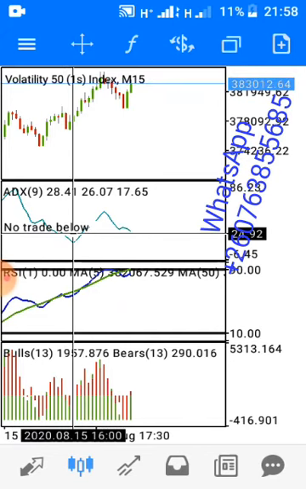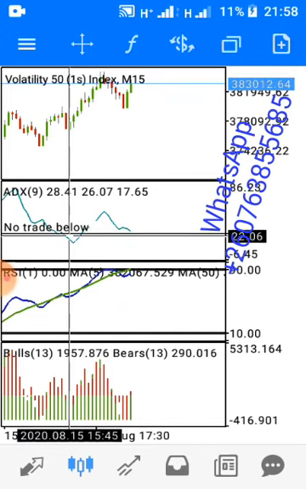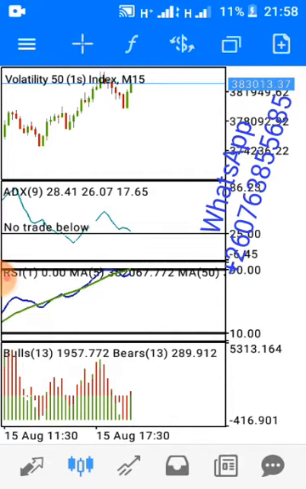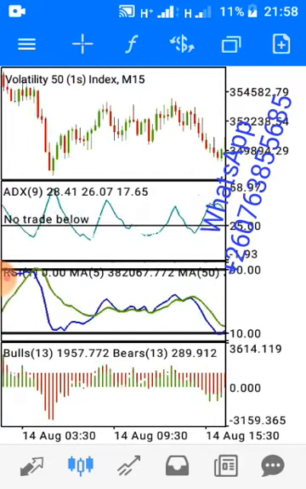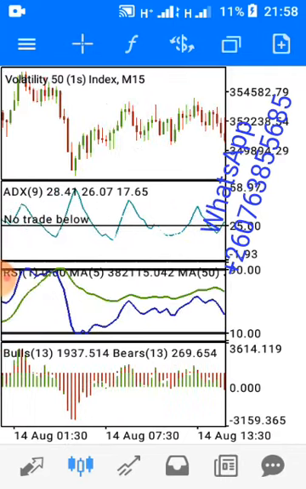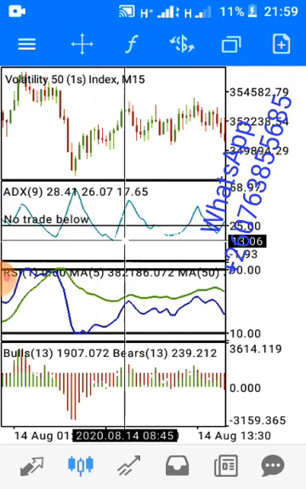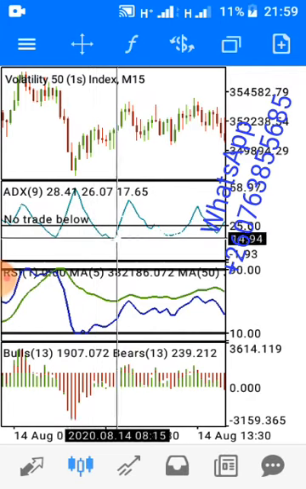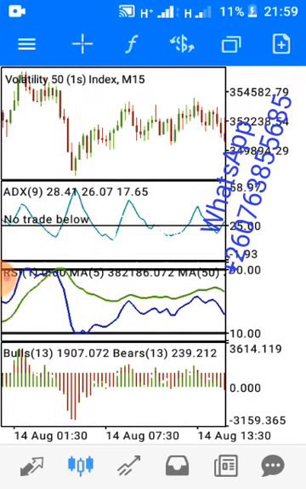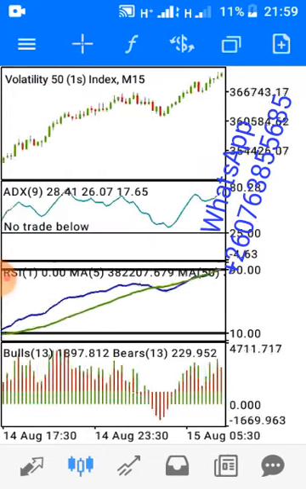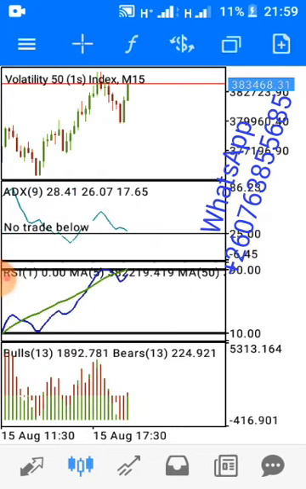If we go backwards, every time it went below, the market consolidated in these regions. So you're gonna take either a buy or a sell as long as your ADX is above level 25.